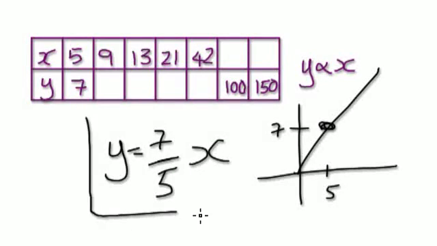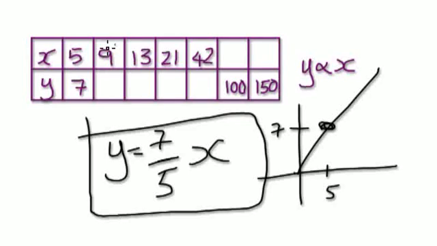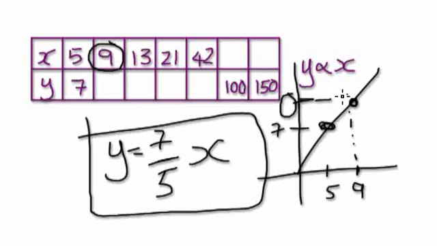Now that you've got this, this point here 9, well, guess 9 to be around here. So basically it's a matter of you going up here and then across here. What is this value here? Well, once you've got the equation of a straight line, you can just put the x into here, then times 7, and then divided by 5. Then that will give you the y.